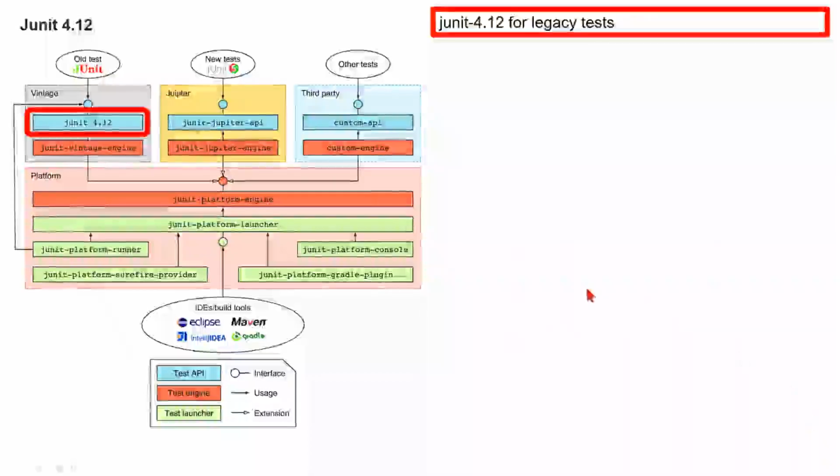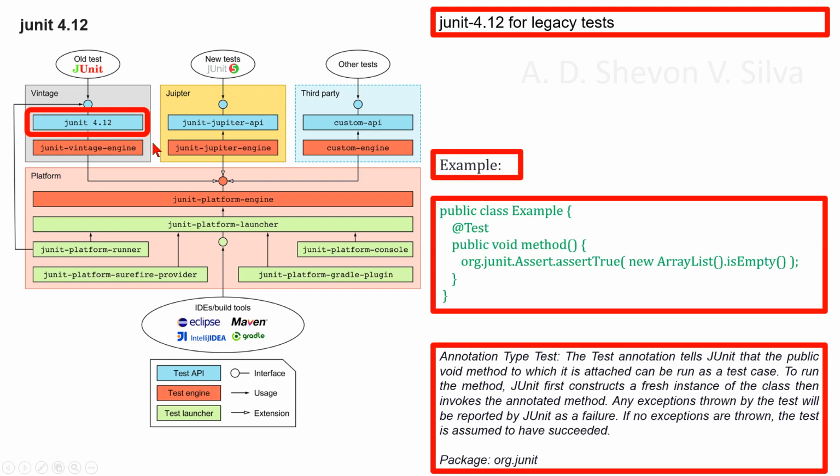Now we are focusing on JUnit 4.12. As an example, we can consider this code segment. Here the annotation type Test. The Test annotation tells JUnit that the public void method to which it is attached can be run as a test case.